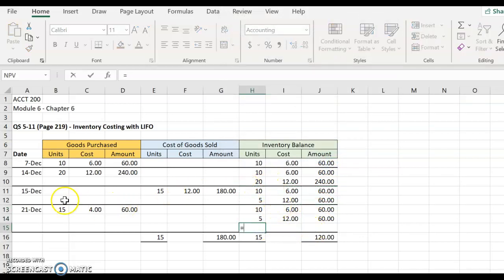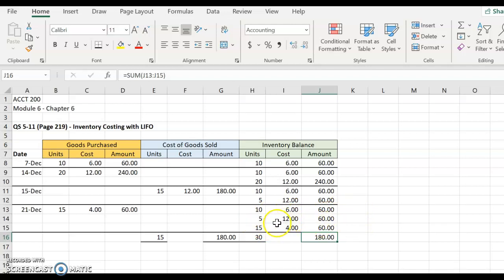And then I'm going to bring over the 15 and the 14 and extend that out. So I've got 10 at 6, 5 at 12, and 15 at, oops, 6. I made a mistake here, didn't I? That's supposed to be 14. There we go. So $210. My ending inventory is $330. The cost of goods sold is $180.